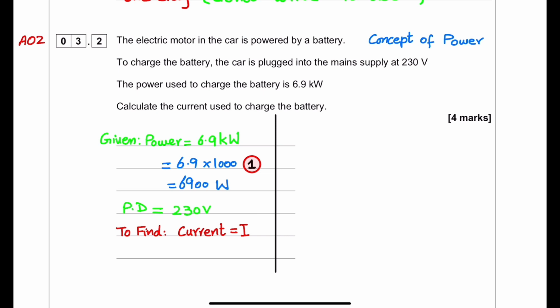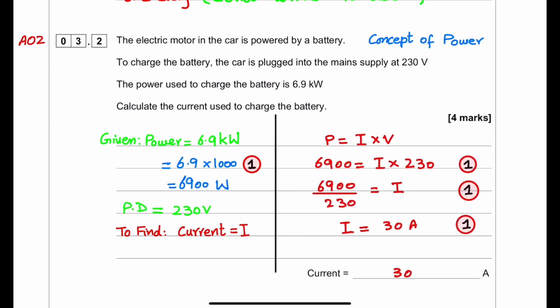Students must know the relation between power, potential difference, and the current. We know that power is equal to current times potential difference. We have the value of power, 6900, which we're going to use here.